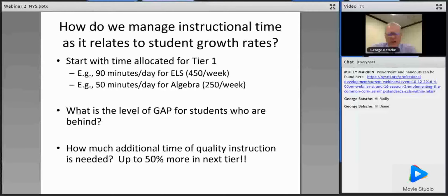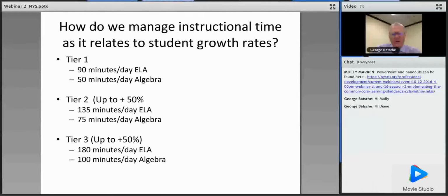What the research has shown us and what informs time in MTSS is up to 50% or more in the next tier. So if we have 90 minutes a day for English language arts and 50 minutes a day for algebra, for kids who are struggling, then up to 50% more time.